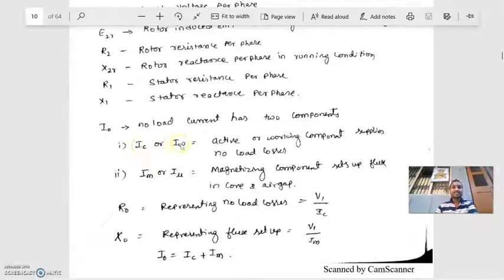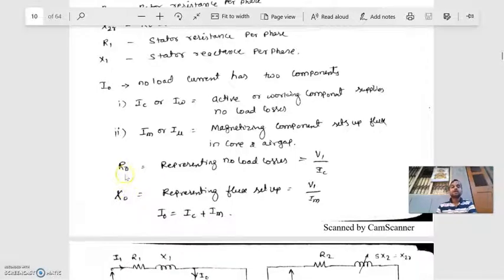IC is also called IW, the working component or active component or core loss component, hence it is called IC. And I mu or IM is called the magnetizing current, or the magnetizing component of the no load current. Therefore I0 has two currents, IW and I mu.